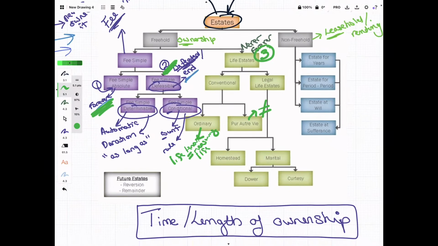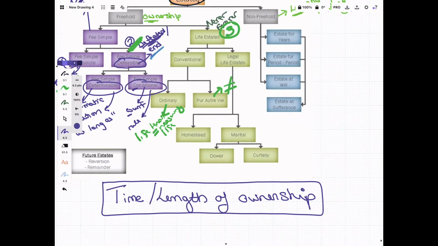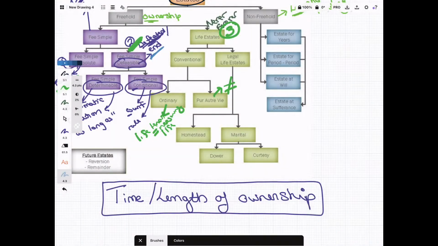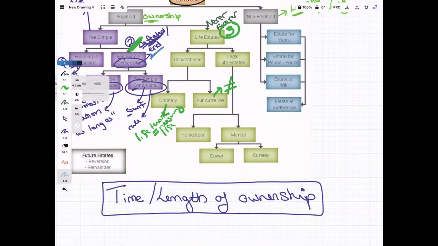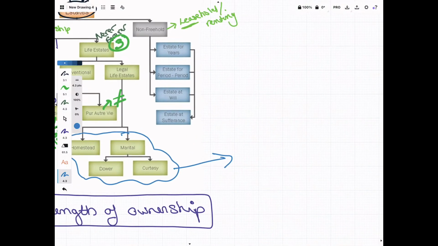Now, I'm going to very quickly talk about these. These right here, they're called legal life estates. But this is when you get a life estate from a law.